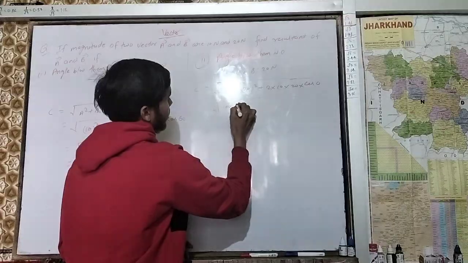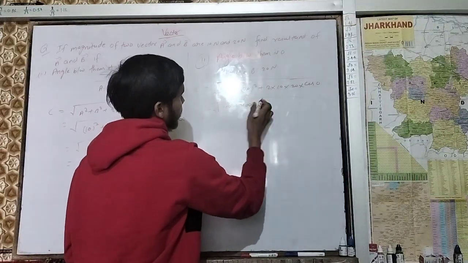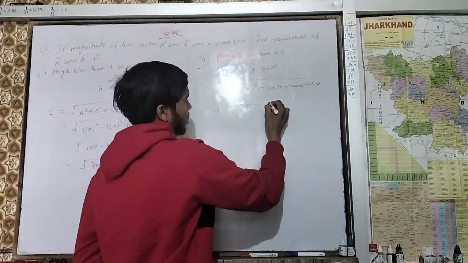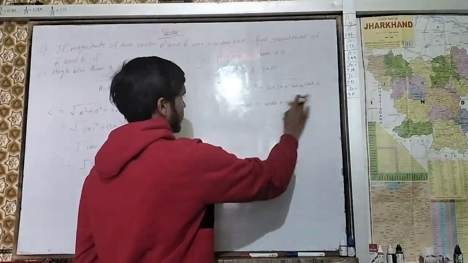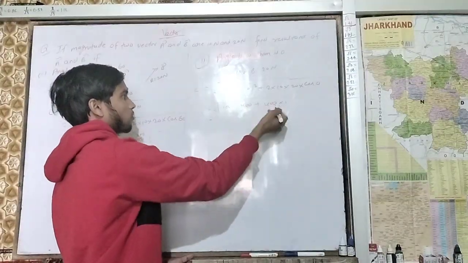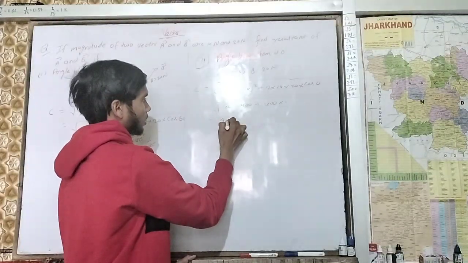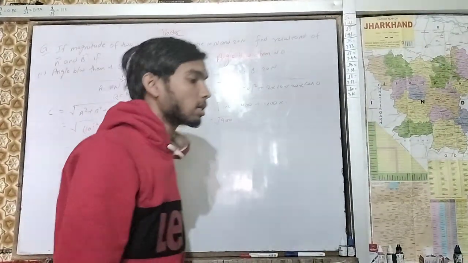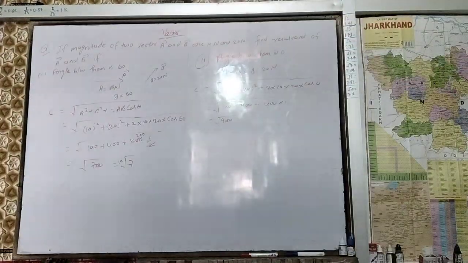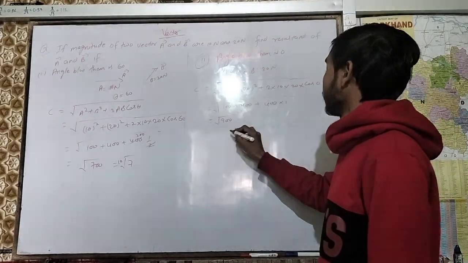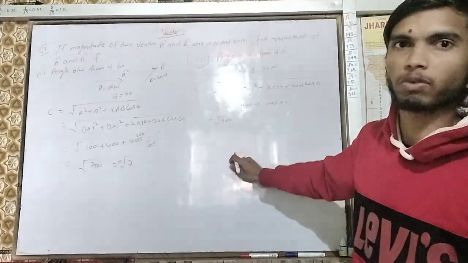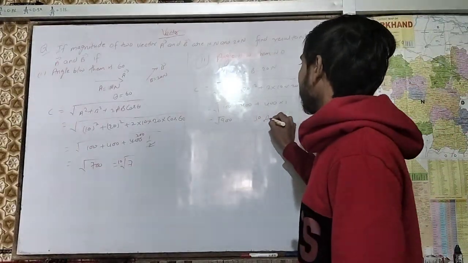Again 100, 400, plus 400 multiplied by 1, so 900. 3 3s are 9, so it is 30. This is a perfect square of 30. So 30 is our answer.